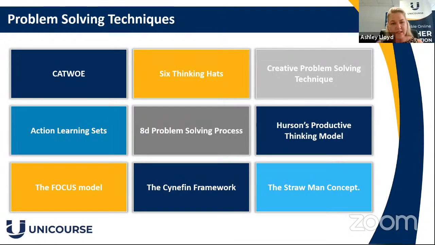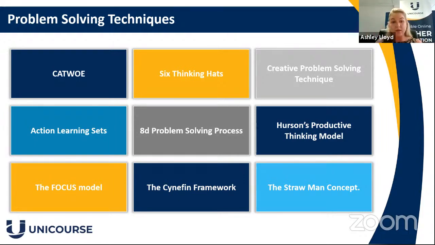Then the next one is the 8D problem solving process. Now this process is a team approach to solving critical problems, usually in the production industry. The aim is to find the root cause of the problem, develop actions and stop similar problems occurring in the future.